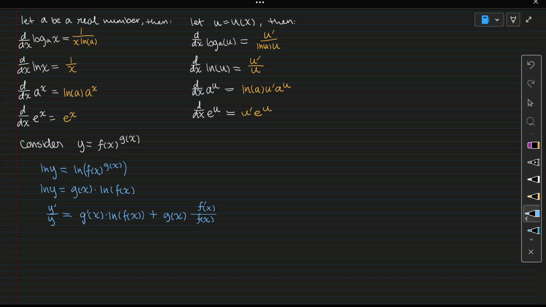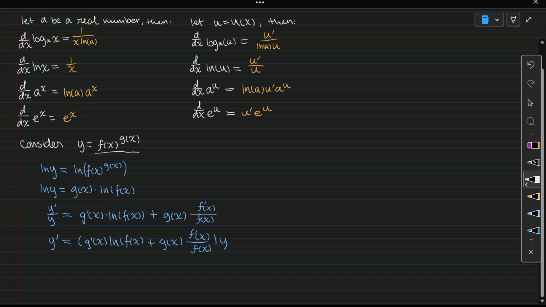and I multiply both sides by y, sorry, and I get y prime is equal to g prime of x ln f of x plus g of x times f prime of x over f of x all times y. And then I remember that y is equal to f of x to the g of x.